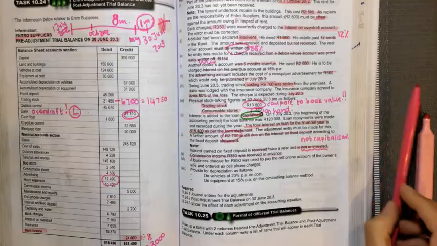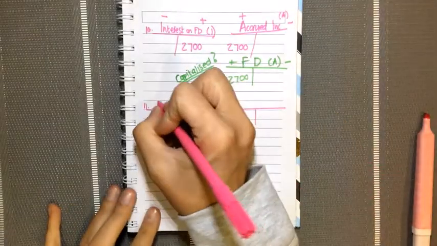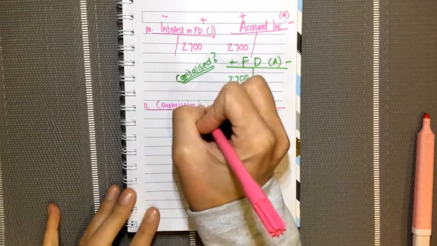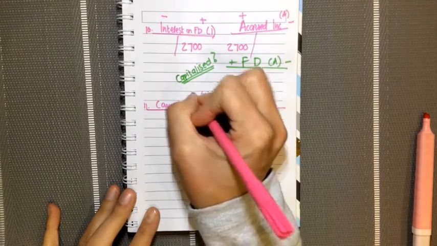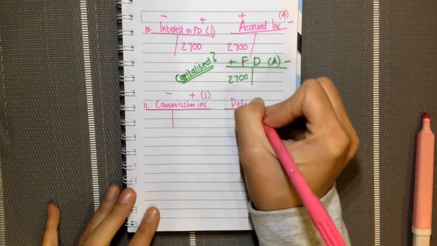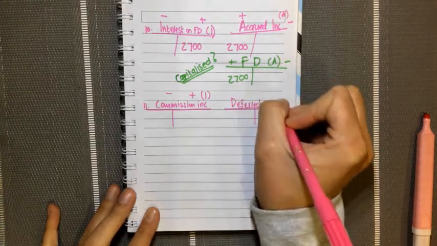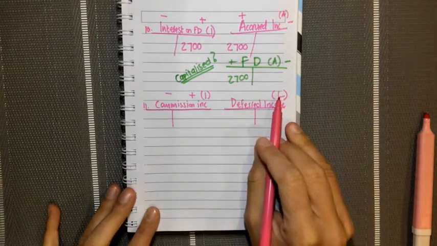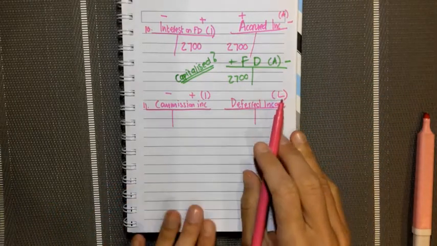The two accounts are commission income, which is an income account, and deferred income, which is not an income account, by the way. It's a liability. Why? Because we received some money that we haven't earned yet.